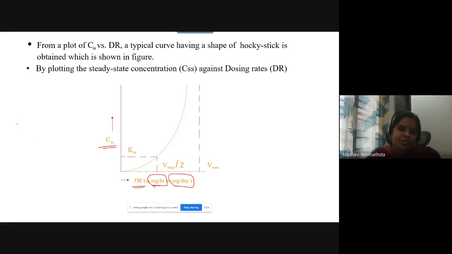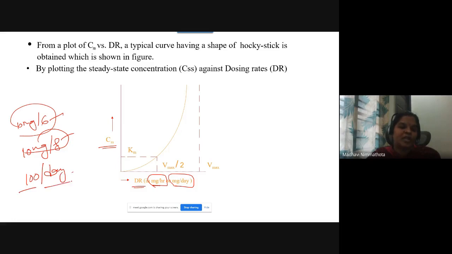That means, suppose 10 mg per 6th hour, then again 10 mg per 8 hour, like that. This is mg per hour. And mg per day is a total of 100 mg per day, meaning the total 100 mg you can take in a single day. This is the dose per day, and this is the dose per hour. So this is the same.